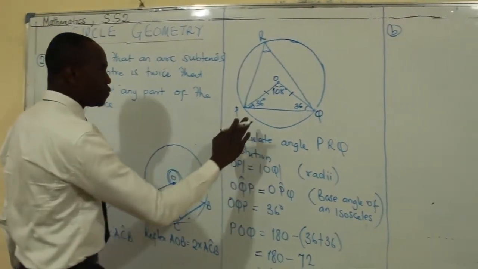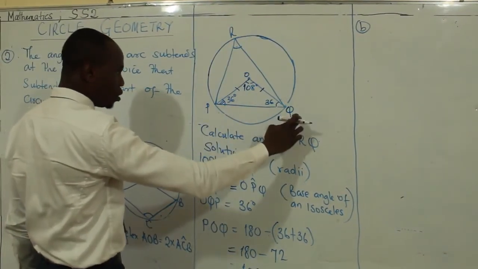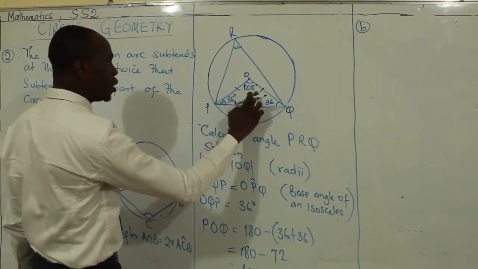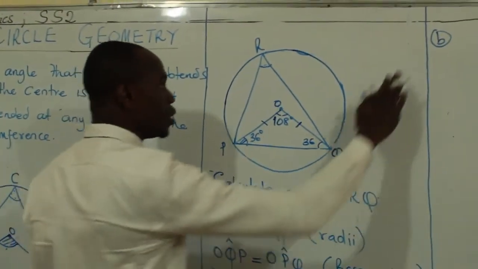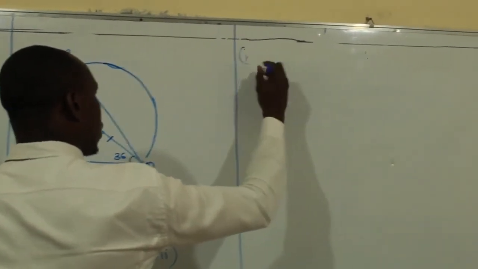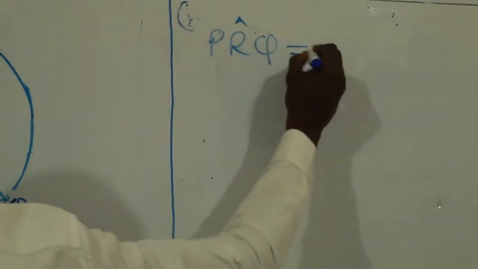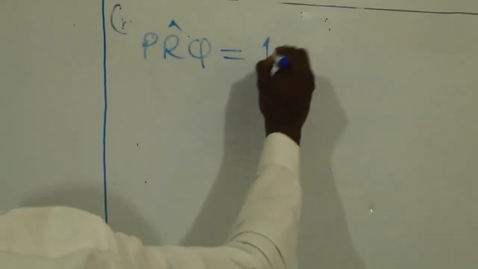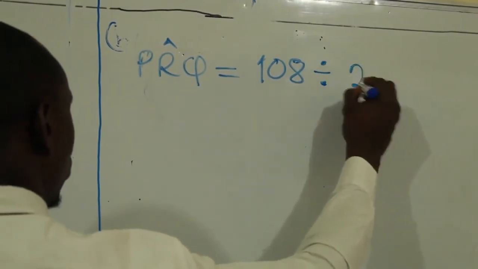So, if I want to get PRQ, then I have to divide 108 by 2 to get PRQ. So I'll say PRQ is equal to 108 divided by 2.